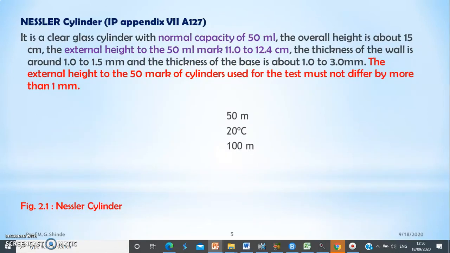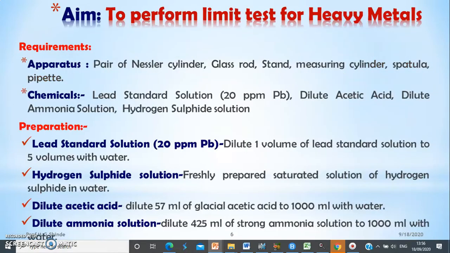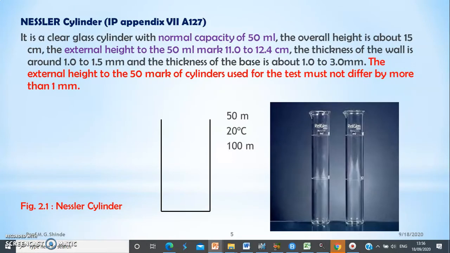Now, whenever we are going to use the apparatus, that is the Nessler cylinder, it should satisfy the following specifications. It is a clear glass cylinder with a normal capacity of 50 ml. The overall height is about 15 centimeter. The external height to the 50 ml mark is 11 to 12.4 centimeter, the thickness of the wall is around 1 to 1.5 mm maximum, and the thickness of the base is about 1 to 3 mm.